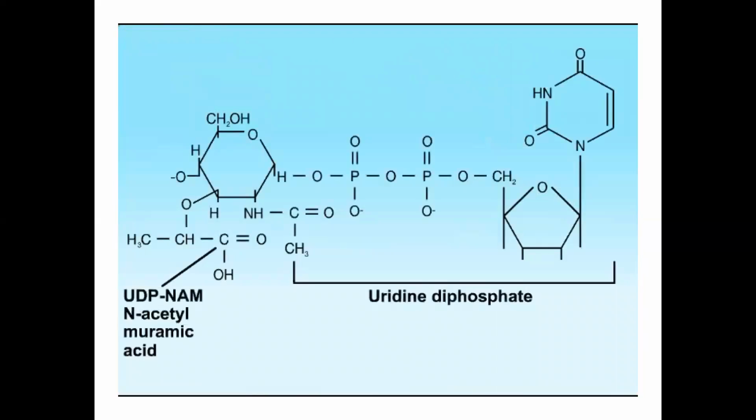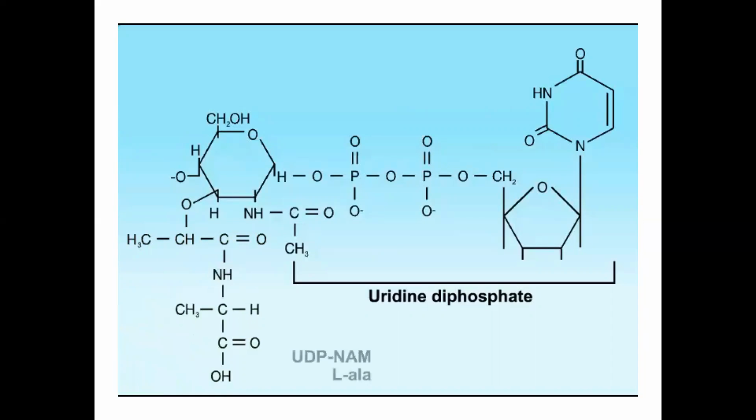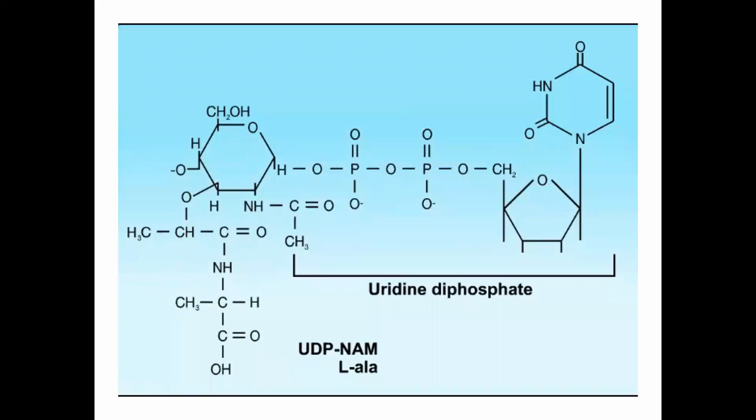The precursor subunit of peptidoglycan, UDP-N-acetylmuramic acid, is synthesized in the cytoplasm. A lactyl group is added to carbon number 3 of UDP-N-acetylglucosamine to form UDP-N-acetylmuramic acid. Five amino acids are added sequentially to UDP-NAM to form a pentapeptide side chain.